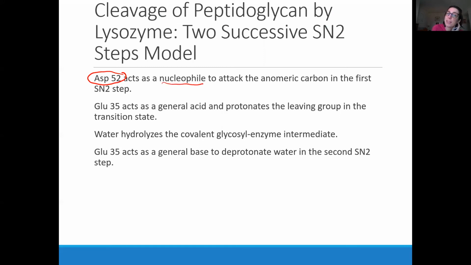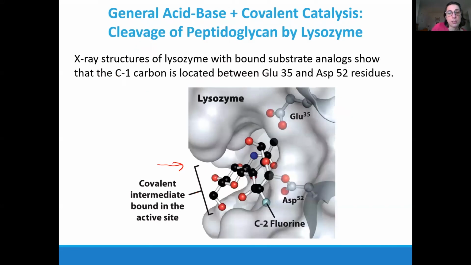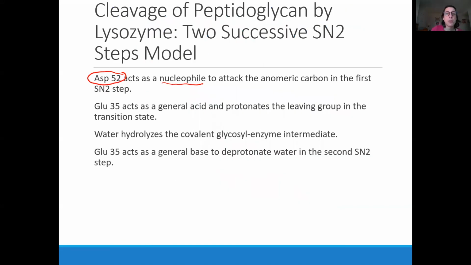What that does is it's going to attack the anomeric carbon. This is a carbon attached to the oxygen that holds the molecule together. So the oxygen here holds the two sugars together, and an anomeric carbon is attached to that oxygen. So it bonds onto this anomeric carbon in the first of the steps.